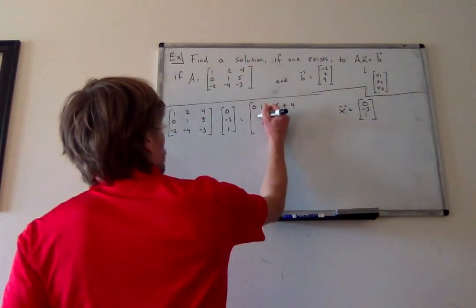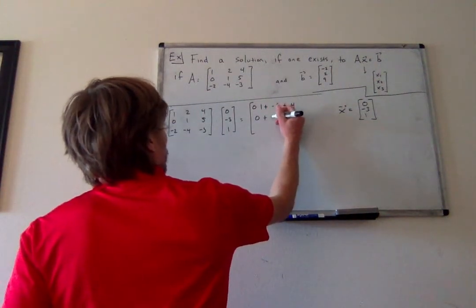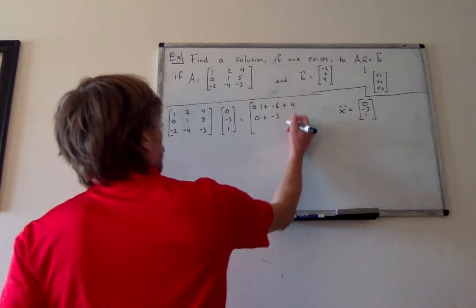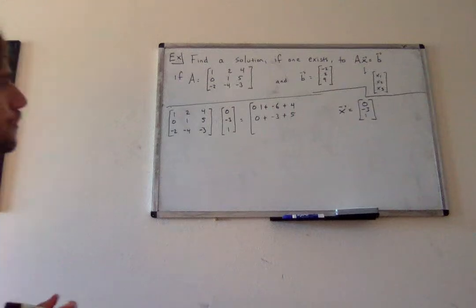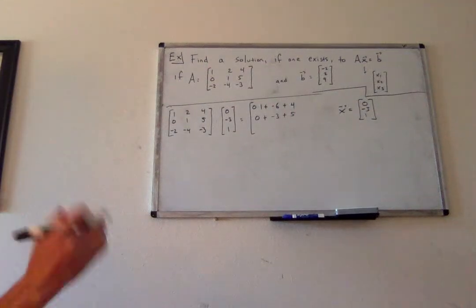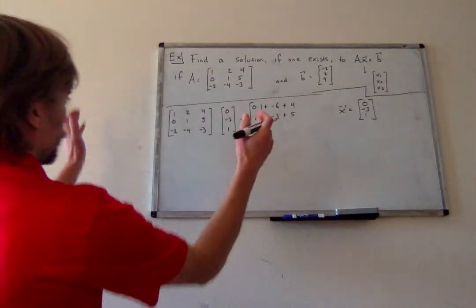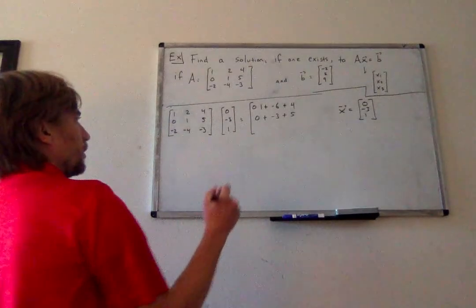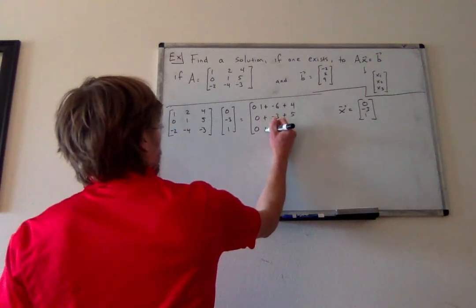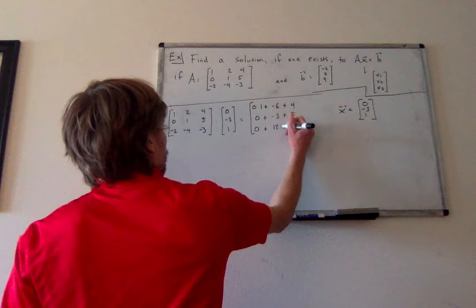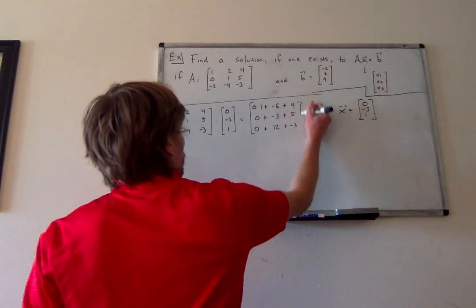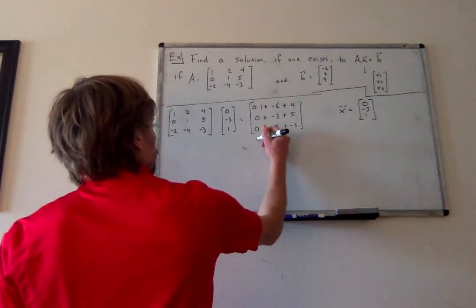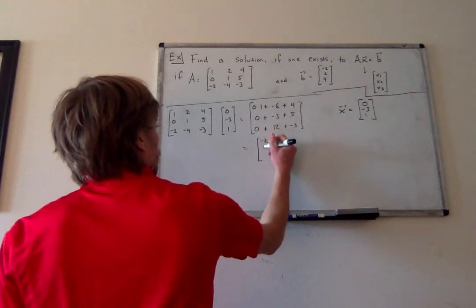We get 0 times 0 plus negative 3 times 1 plus 5 times 1. And last row, match it up with the vector. We get negative 2 times 0 plus negative 4 times negative 3 plus negative 3 times 1. Adding up each of these entries, I do believe you get the vector B.